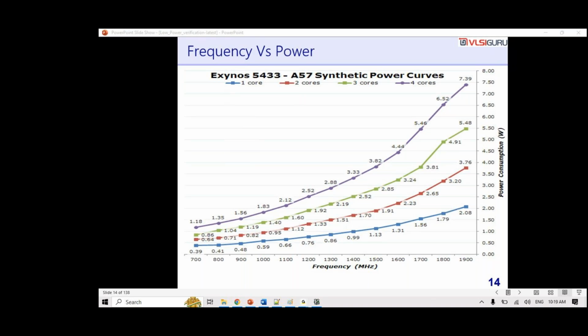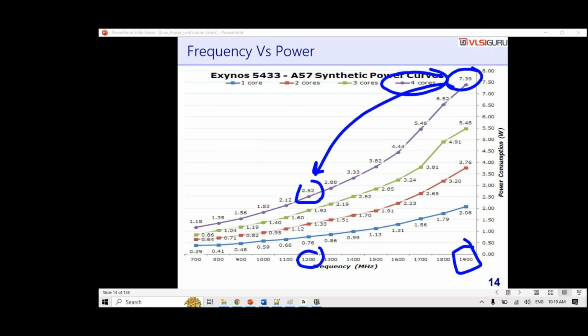For example, the same four cores, instead of operating at 1900 megahertz, which is leading to 7.39 watts, if I can reduce it to, let's say, 1200, it will reduce to about one third. The same four cores will work at a power consumption of 2.52 watts. So this is what we call frequency scaling and voltage scaling. I mean, this relates to how we can do the frequency scaling to reduce the power consumption.